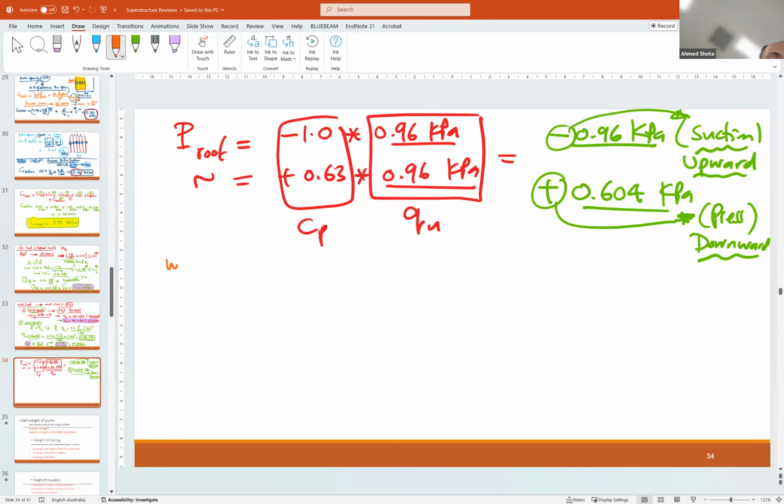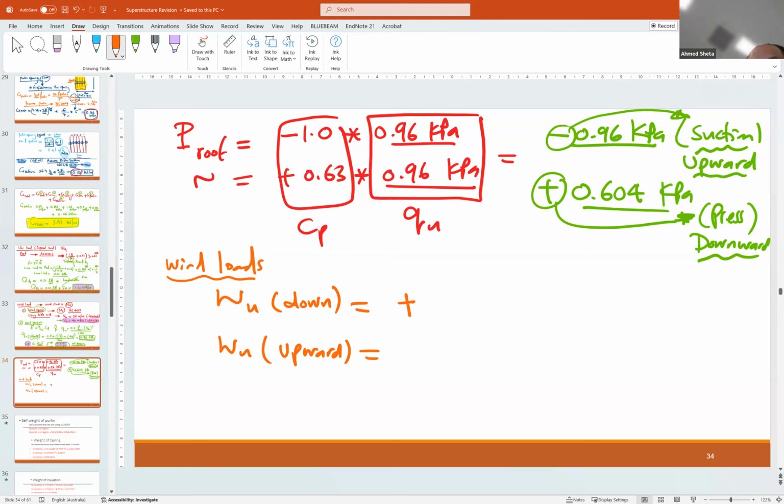Now the loads, wind loads. How many wind loads we have? Two as well. So we have WU downward and WU upward. Both of them will be the pressure times the load width. So it will be, one of them positive, 0.604 times 5 meters. So this is the load width.